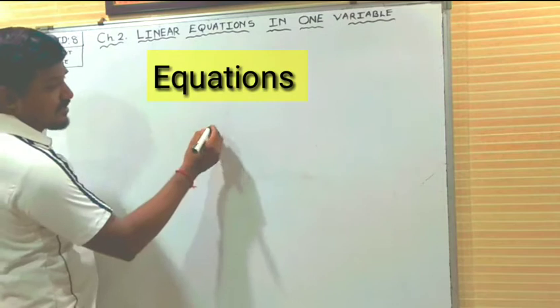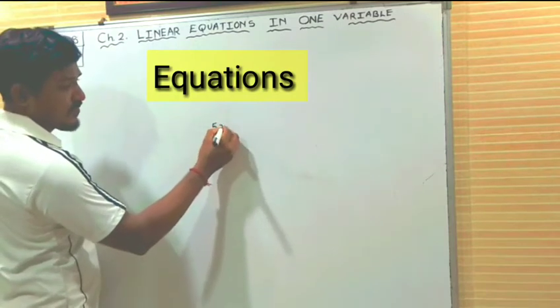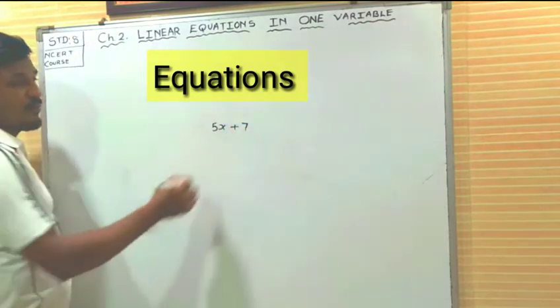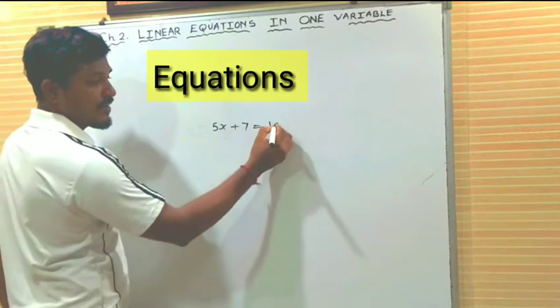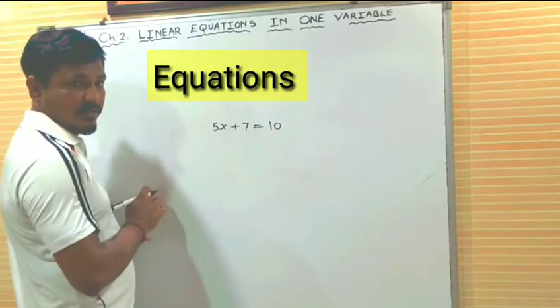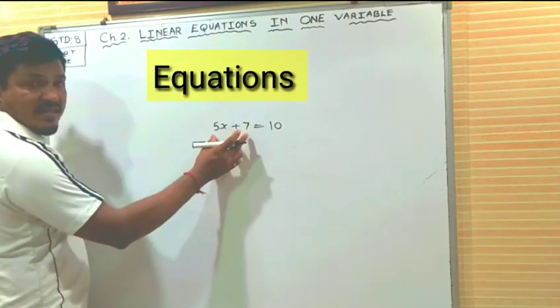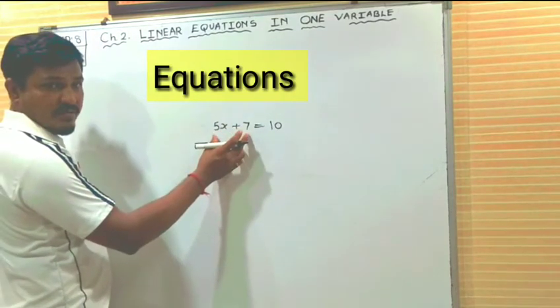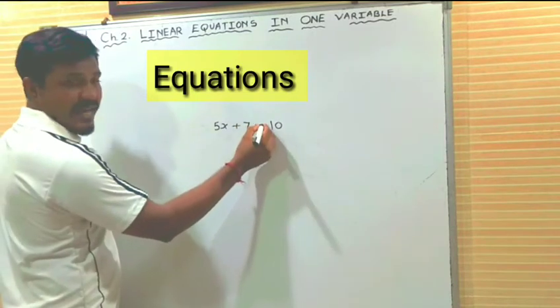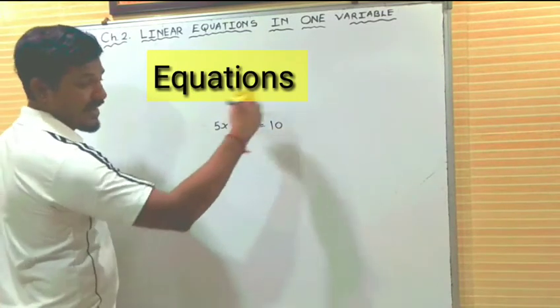If I write the same expression, that is 5x plus 7, and I put an equal sign over here and write a constant term over here, this is an algebraic expression, and after putting the equal sign, I put one constant value on the right hand side.